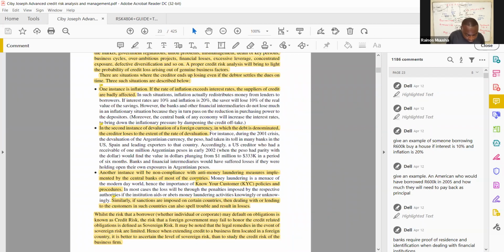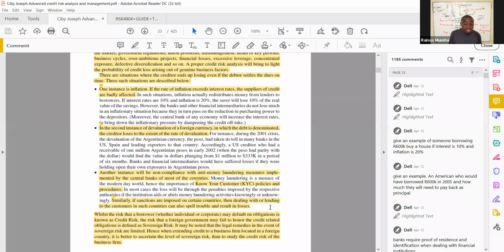Then they say, similarly, if sanctions are imposed on certain countries, then dealing with or lending to customers in such countries can also spell trouble and result in losses. It will be very interesting to see, considering that Western countries are pushing for sanctions on Russia because of the invasion of Ukraine.